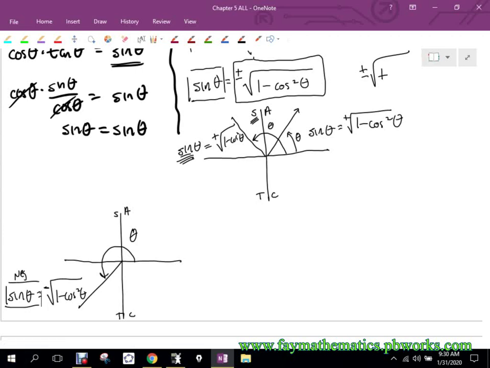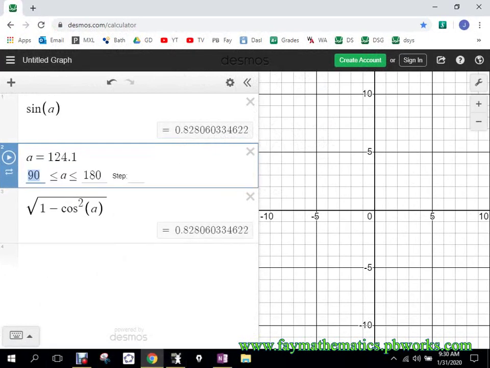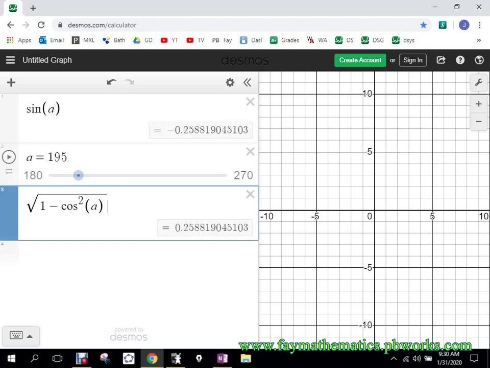So here's the thing. If I go back to Desmos, let's make this go from 180 to 270, and I play that. Now look at how they are. This one's negative, right? That's what we said. The sine was going to be negative. Right now, this is positive, right? They're the same quantity, just opposite signs, right?